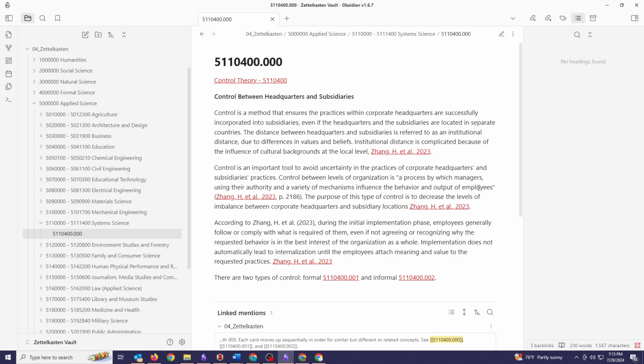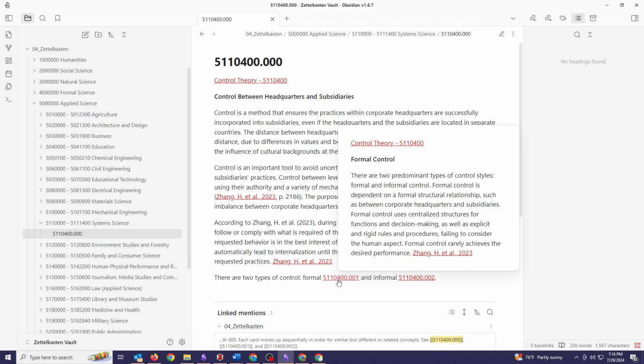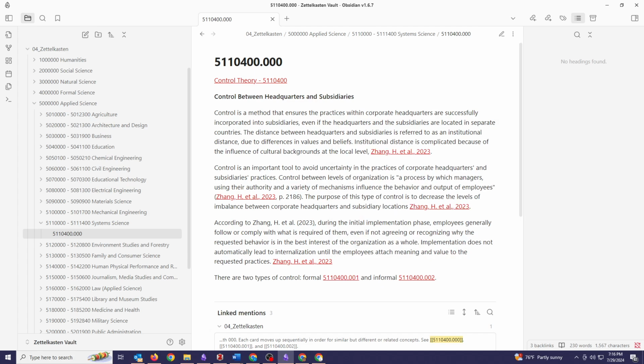Now here's an example where I could have just created a second card and talked about those control theories as part of the overall, but I opted instead to break these cards out because they're very prominent, distinct types of control. And I felt it was important to be able to use those cards collectively as well as independently of one another.